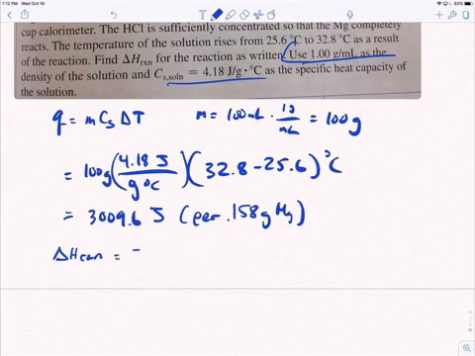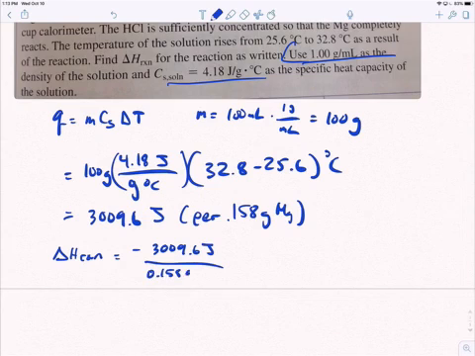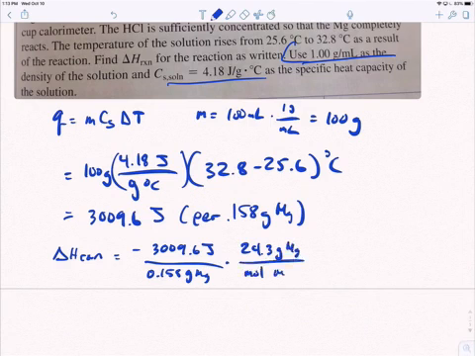So if we want our delta H of the reaction, this is going to be equal to minus 3009.6 joules per 0.158 grams magnesium times, I think it's 24.3. Is that what magnesium is? Magnesium is 24.3. Okay, 24.3 grams magnesium per mole magnesium.